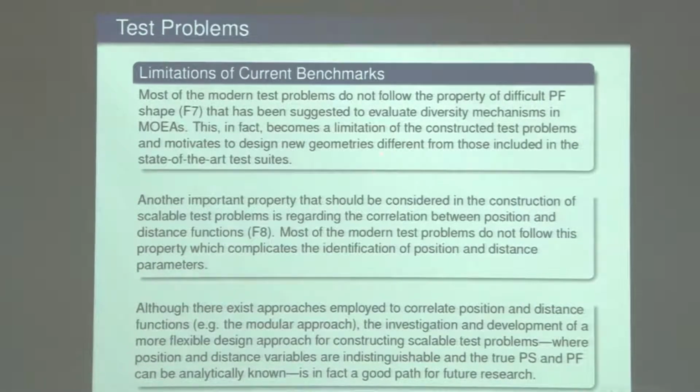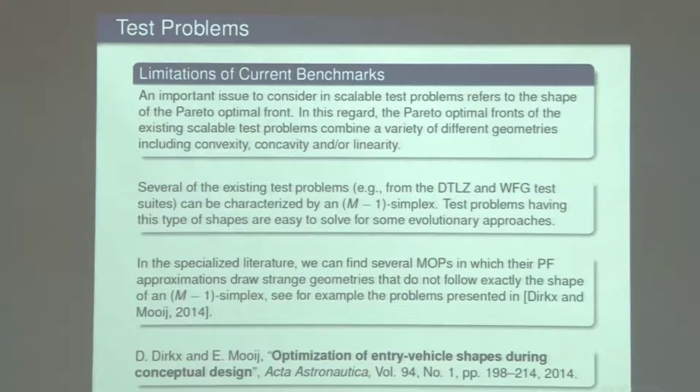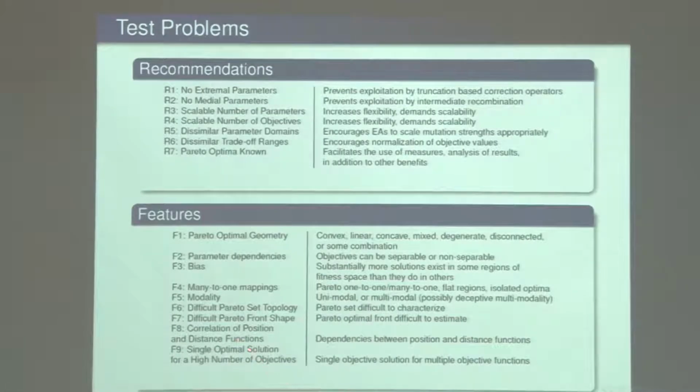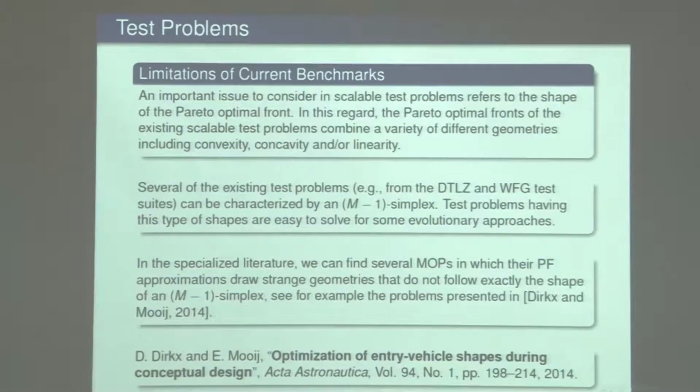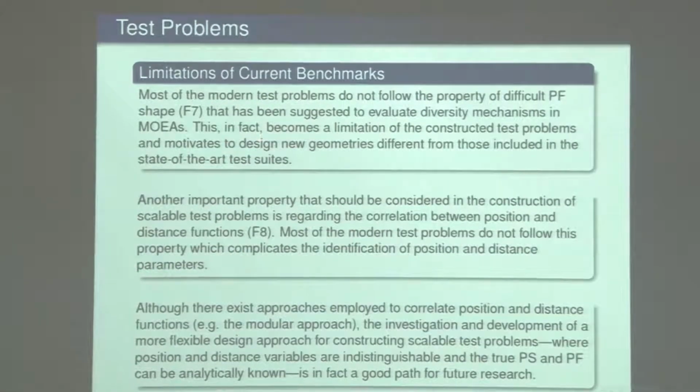Most of the modern test problems do not follow the 7th feature that I put in the table, which has been suggested to evaluate diversity. The 7th feature is the difficult Pareto front shape. So this is a limitation because we don't have it in most of the test problems we have today, and this, of course, motivates the design of new geometries. Because why is this important?